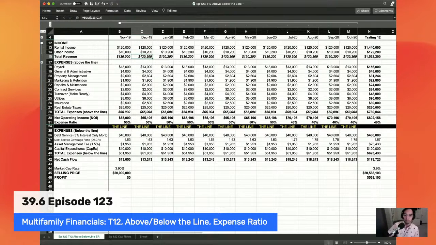All right, and then every month you're going to continue to increase that. So at the end of the year, you've increased the other income from $10,000 up to $12,200. This used to be $120,000, but now it's $133,000. So you've had a $13,000 increase in income. And in doing that, because this is a multiplier of about 25, you've bumped up the value of the asset by a lot of money, hundreds of thousands of dollars.